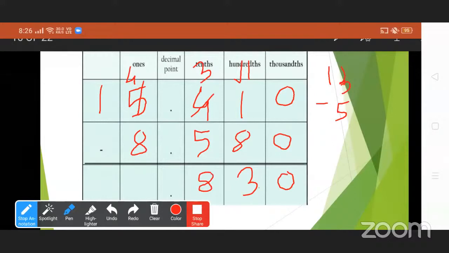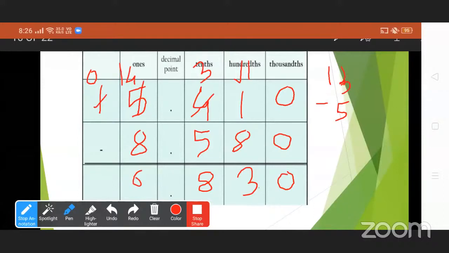Now 4 minus 8. We cannot subtract, so we will borrow. Then 4 will be 14 and 1 will be 0. So 14 minus 8 is 6.